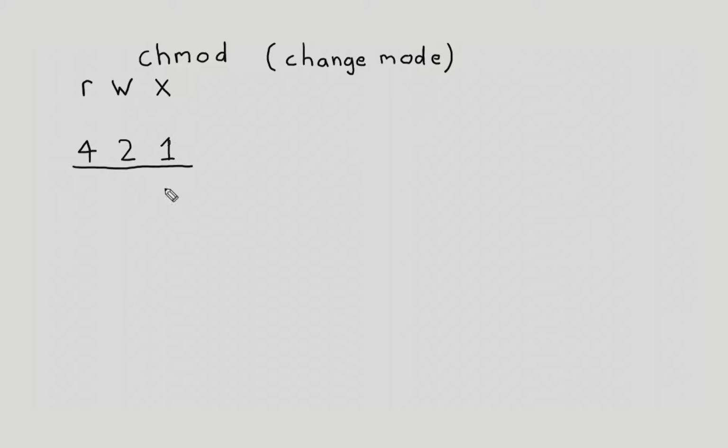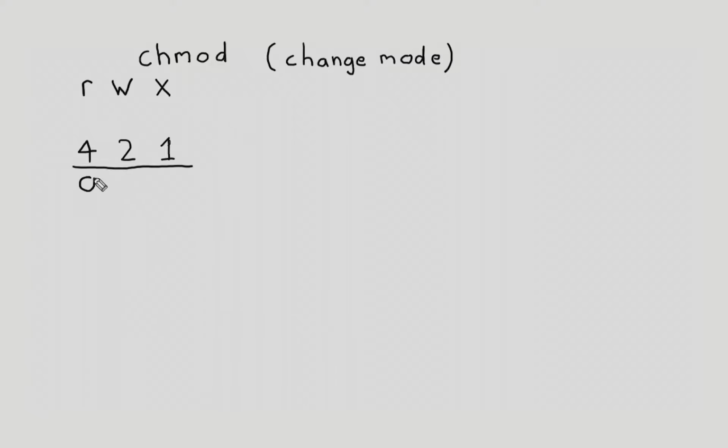To derive the octal number for each set of permissions, basically you just count in binary. Now we're going to break it down here, but after a while, you really will just get familiar with knowing exactly what octal numbers relate to which permissions. So let's go through all the different combinations of permissions we can get using read, write, and execute.